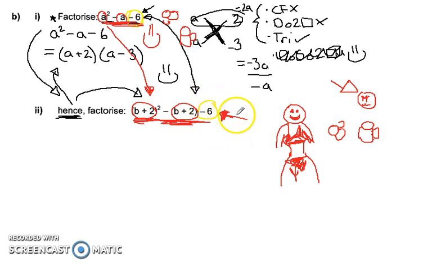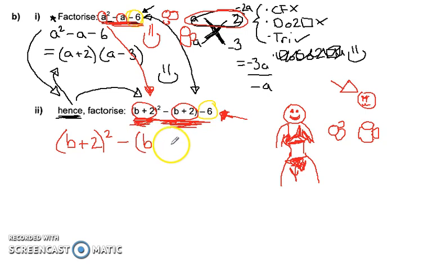Not someone you really want to be seen with. But it's still the same granny. We would have done a trinomial, but now, because we know it's exactly the same problem, we can skip that step and go straight to the answer, which is fantastic. I'm sure you agree with me.